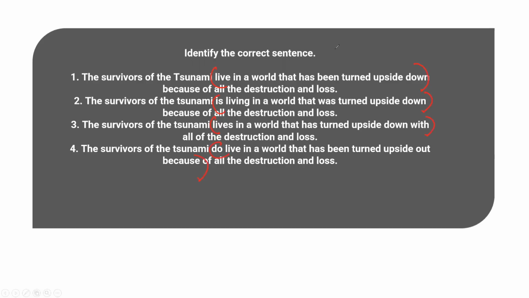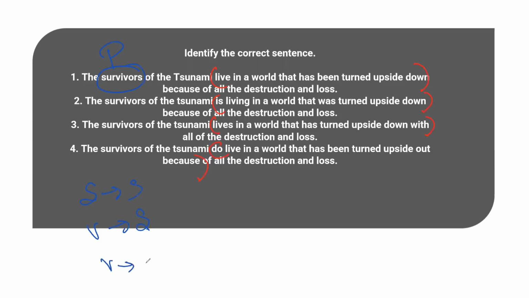Okay, now the one that I have marked with brackets shows you the place where you undergo a difference in every sentence. Okay, but what is the subject? The subject is survivors, which is plural, right? So in that case, okay, for a verb, we know that in subject-verb agreement, if the subject is singular, the verb should also be singular.